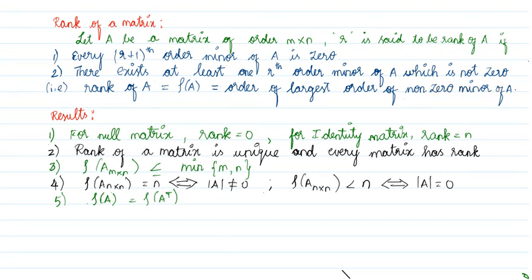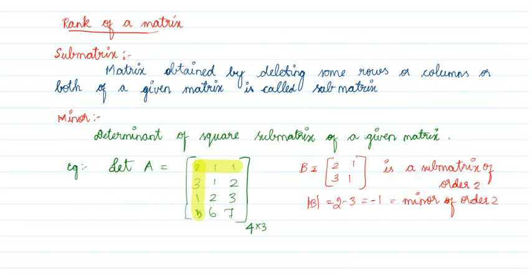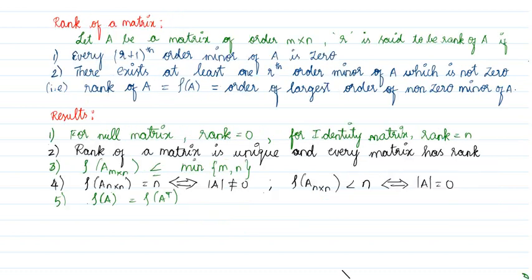Let me explain with a numerical example. Say we have a 4 cross 3 matrix here. What we have seen is that every (r+1)th order minor of A is 0.